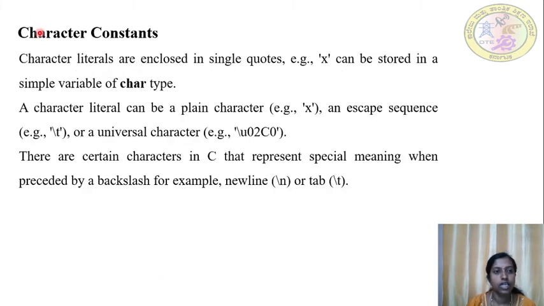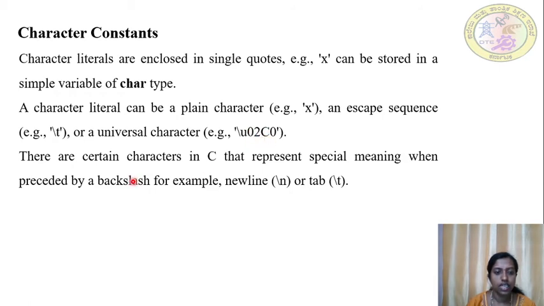Next we move on to character constants. Character literals are enclosed in single quotes. For example, 'x' enclosed in single quotation marks can be stored in a simple variable of character type. A character literal can be a plain character, for example a single letter enclosed in single quotes, an escape sequence such as \t, or a universal character such as \u02C0.